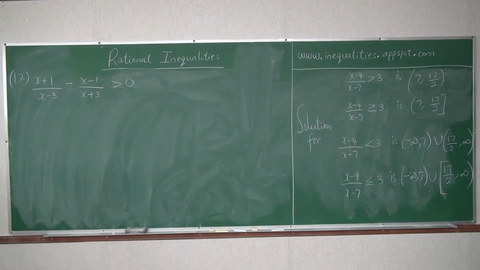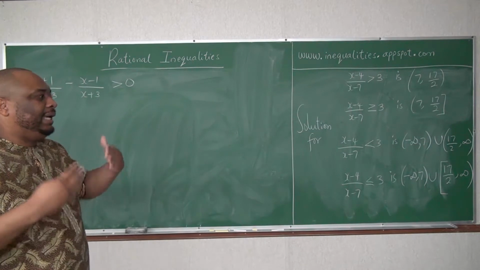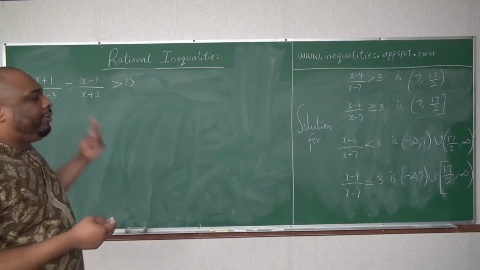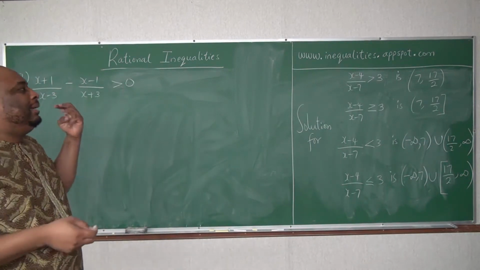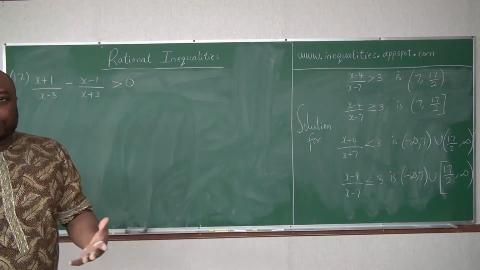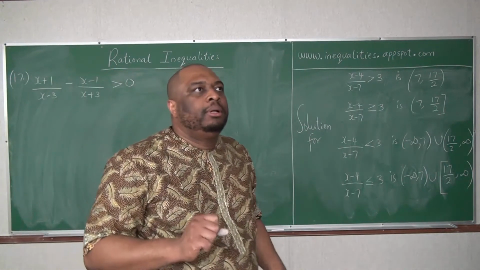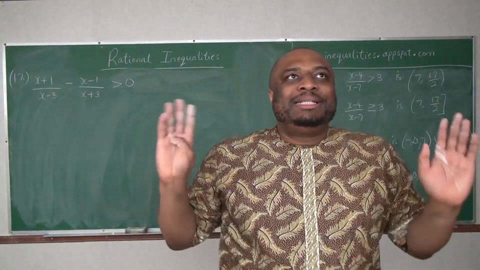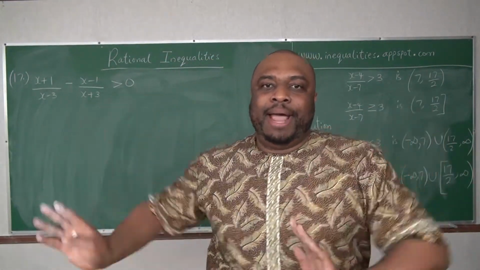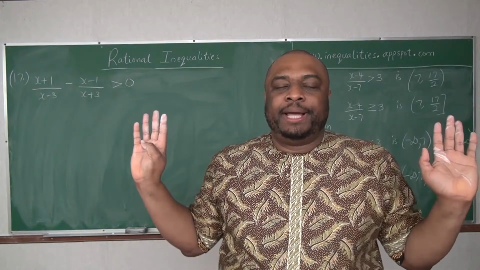As we have been doing, we are going to do it for all the cases: greater than or equal to, less than or equal to. First step: 0 is on the right hand side. That's great.